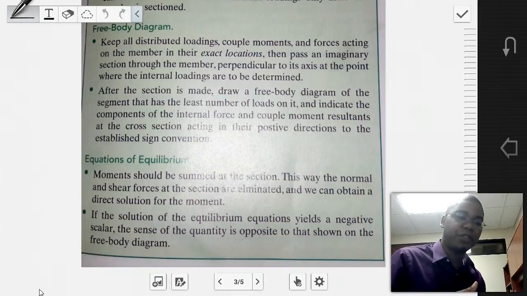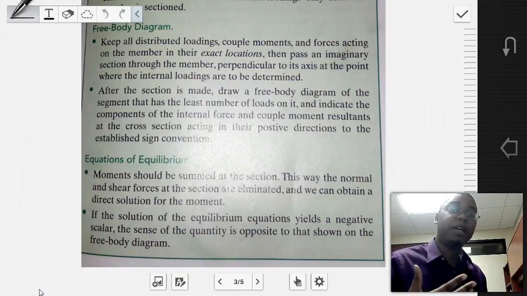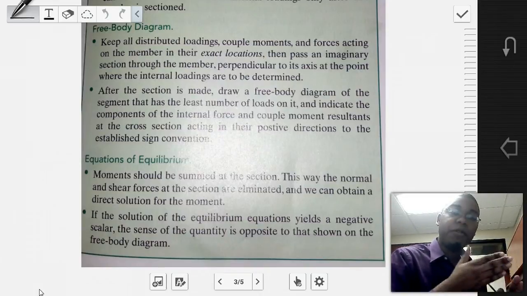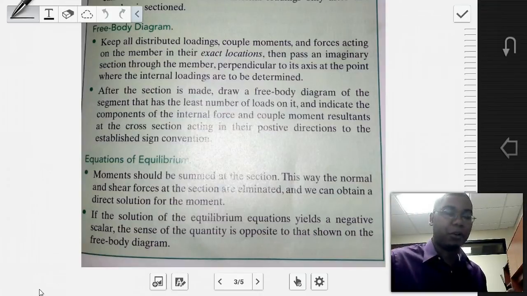The internal forces are not always one continuous value across a beam. As we apply distributed loads and concentrated forces and all different types of applied loading conditions along the beam, we'll find different values of internal force.